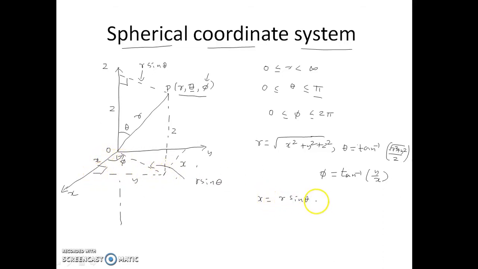So x is given by r sin theta cos phi, and y is given by r sin theta sin phi, and z is given by, if we consider this triangle, this is z, this is r, and this angle is theta. Therefore z is given by r cos theta.